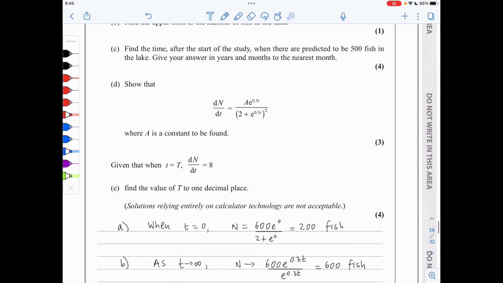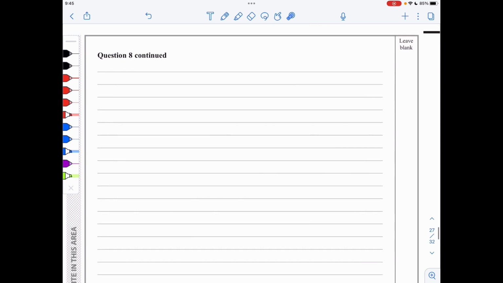Then in part C, we need to find the time after the start of the study when we've got 500 fish predicted to be in the lake. We need to give answers in years and months to the nearest month. So in other words, I have to solve 600 e to the 0.3 t over 2 plus e to the 0.3 t is equal to 500.